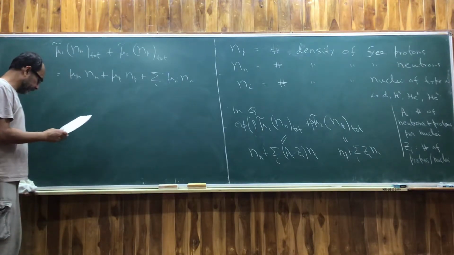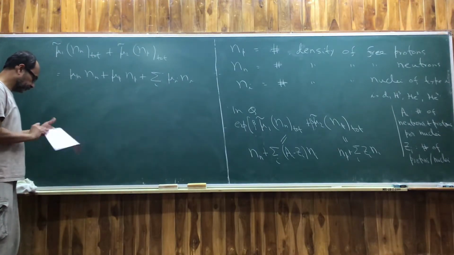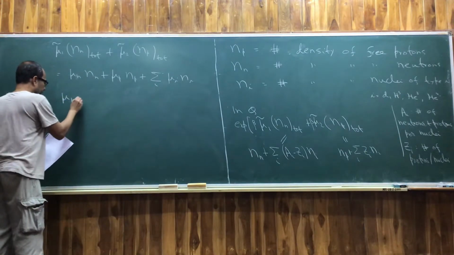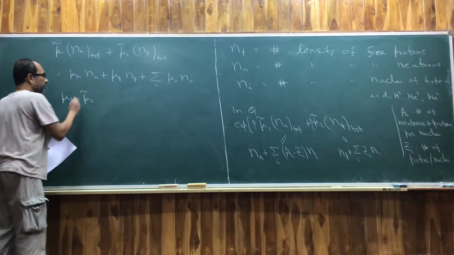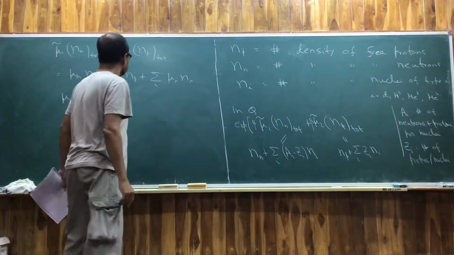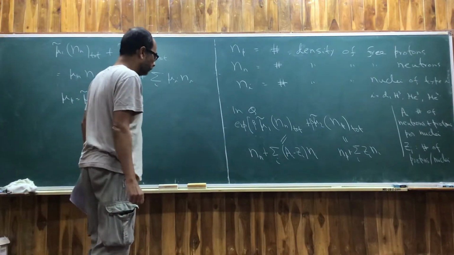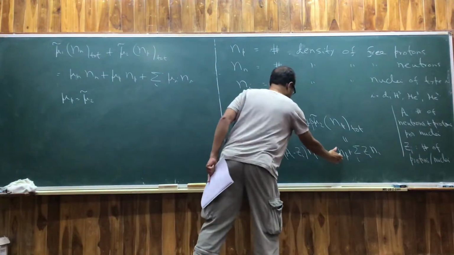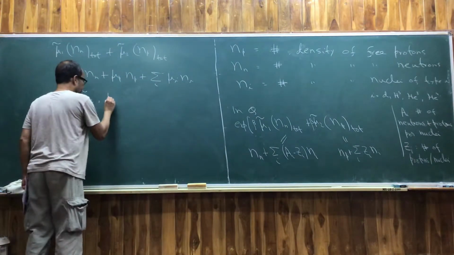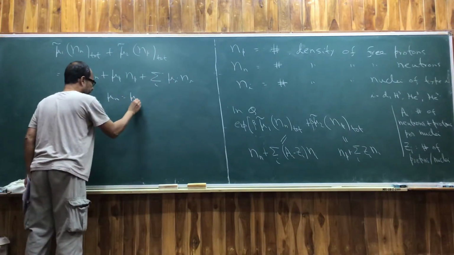So this comparison tells us that mu p is mu2 tilde, right? Because N_p total has N_p, that's the only place where N_p appears. So mu n is mu1 tilde.